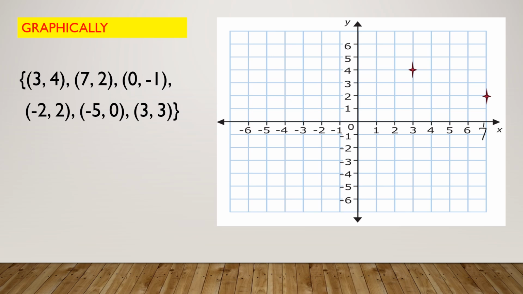Okay, and we have 7, 2. Then we have 0, negative 1. Then we have negative 2, negative 2, 2. Negative 5, 0. 3, 3. So here the x value first, up, across, y value 3.